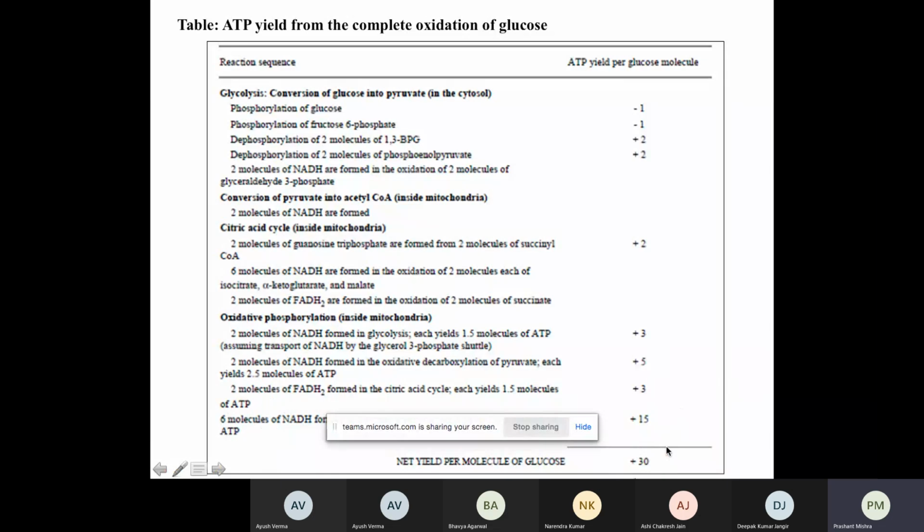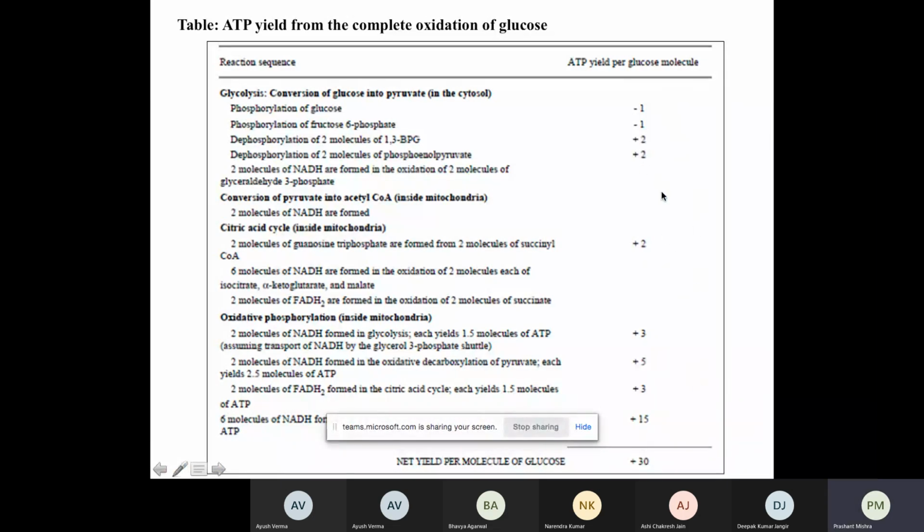Ultimately, when each glucose is converted and its electrons finally go to molecular oxygen in the oxidative phosphorylation pathway, you get 30 molecules of ATP. So look at the conversion. If I consider just fermentation, you get only 2 ATP.